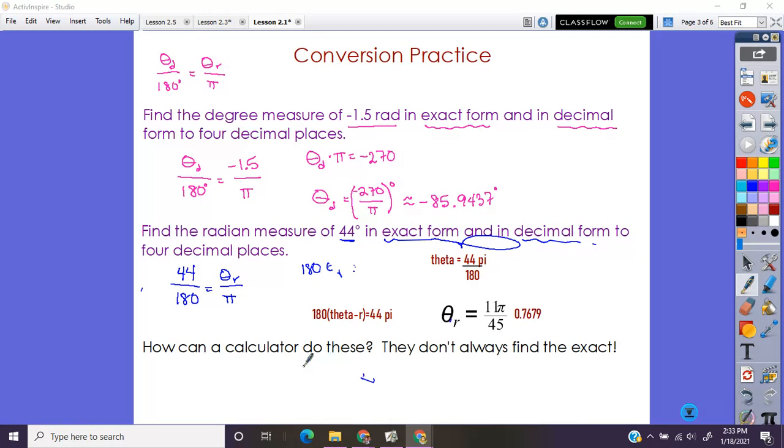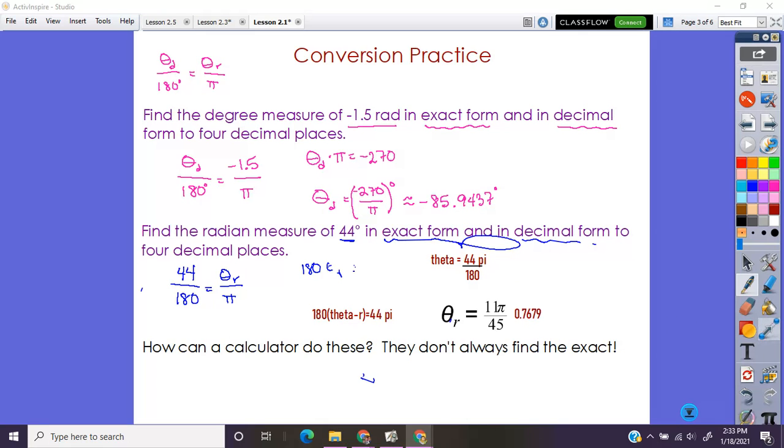So then the question is, how does your calculator do this? Well, if you notice both of these, their approximates were not exact answers. Your calculator will not always find the exact unless it's a nice number. In this case, it would find these approximates, but wouldn't always find the exact.